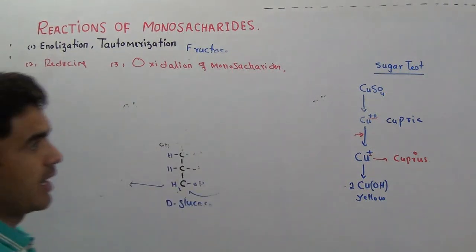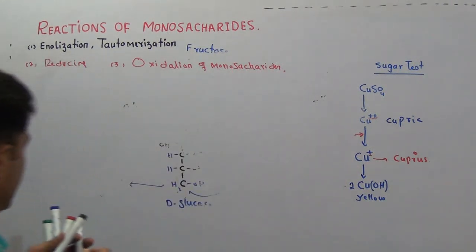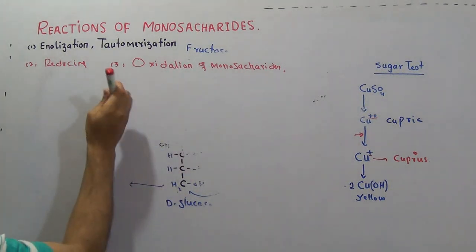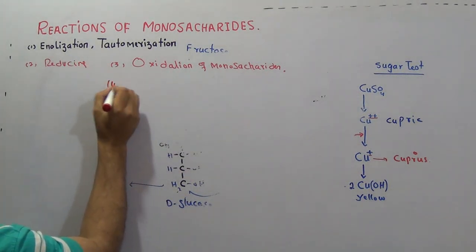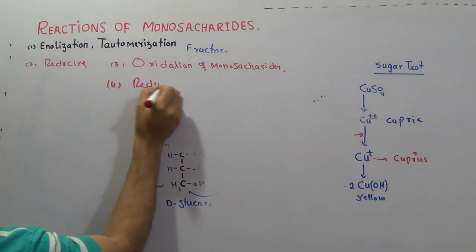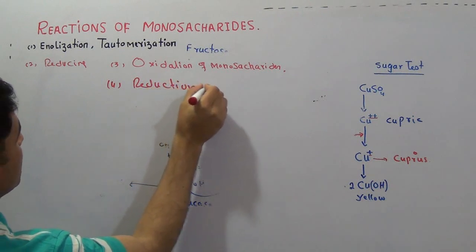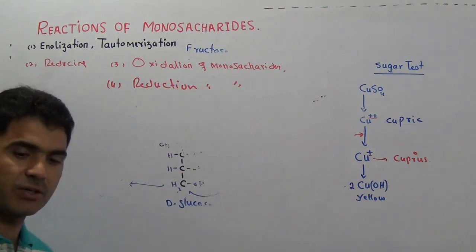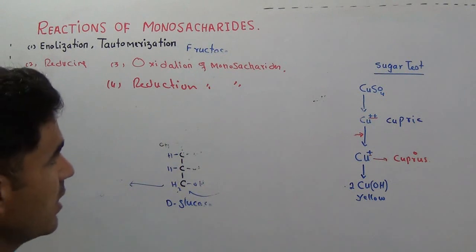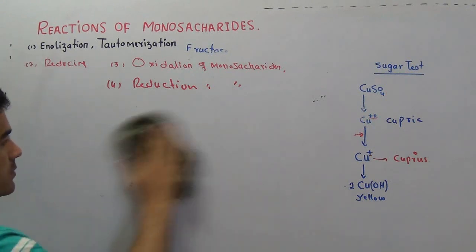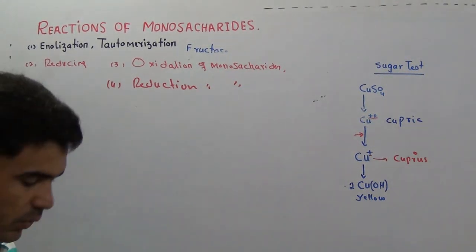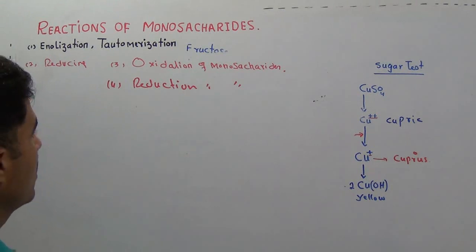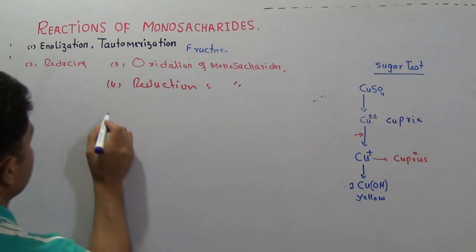Now the last one is the reduction. The fourth property is the reduction of monosaccharides. You can reduce monosaccharides as well, but for reduction we will again take the example of glucose.